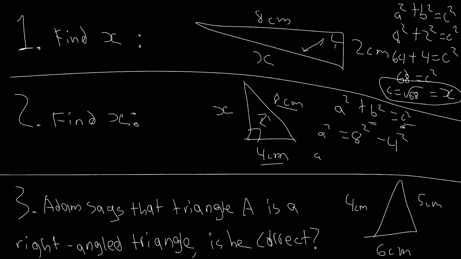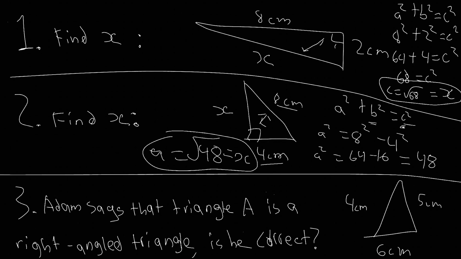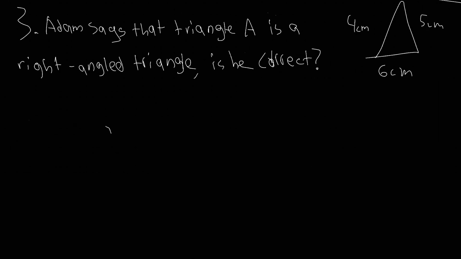So a squared is equal to 64 minus 16, which is equal to 48. So a is just equal to root 48, which is equal to x, and that is my final answer.